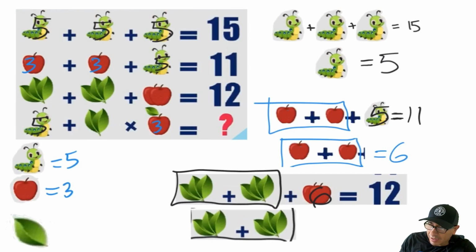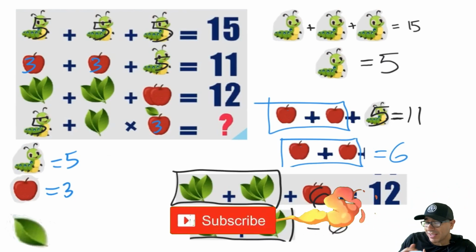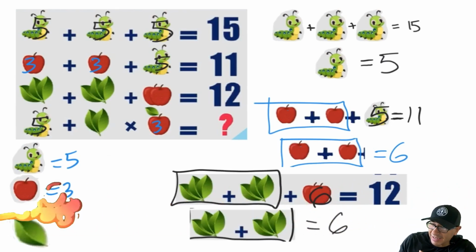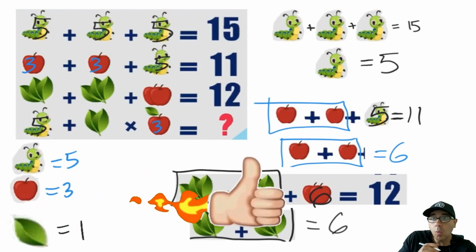These leaves right here are worth a total of 6. But check out, how many leaves do we have? 1, 2, 3, 4, 5, 6 leaves. So 6 leaves means each leaf individually is worth 1.